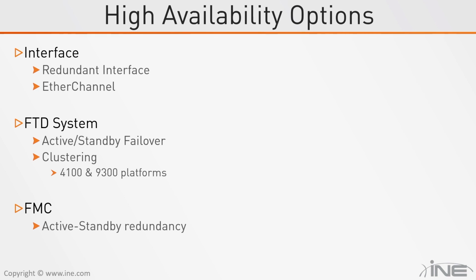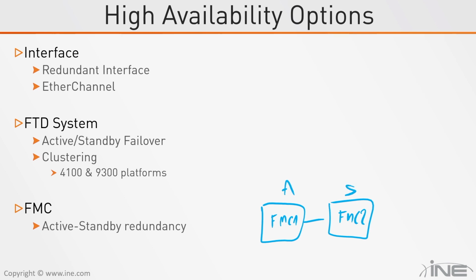We will have two FMCs, like FMC1 and FMC2. One of them is active, the other one is standby, and it's only the active unit that is used to configure our managed devices, but at the same time the configuration is being replicated to the standby unit.